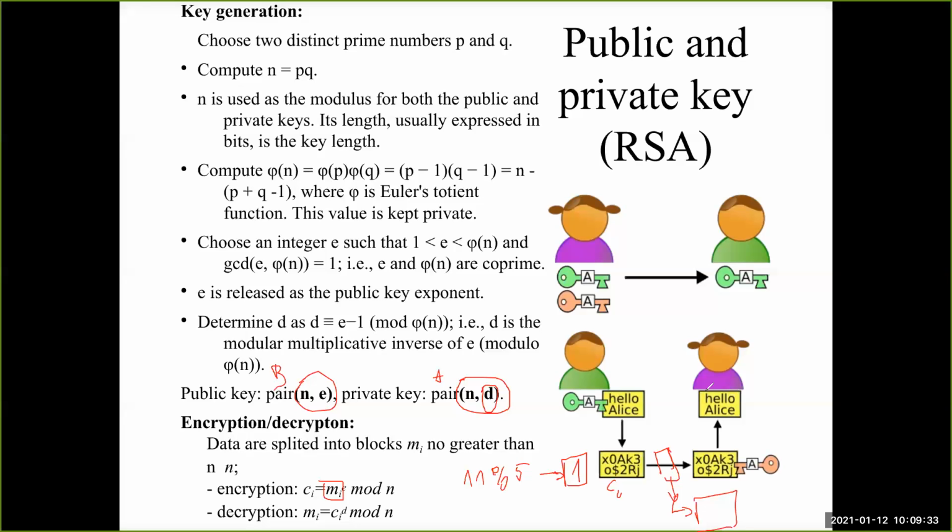So if Alice sent a message which was encrypted, even if there is a man in the middle, he or she cannot decrypt this message because he or she doesn't have the private key.